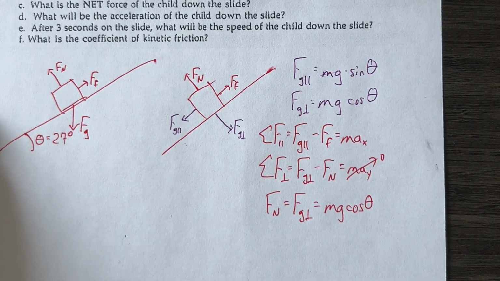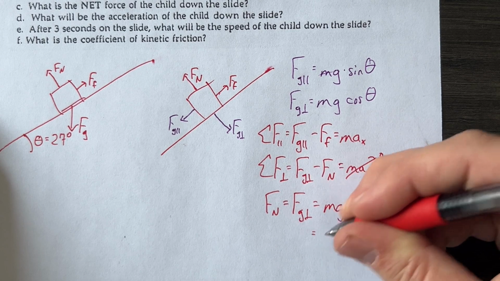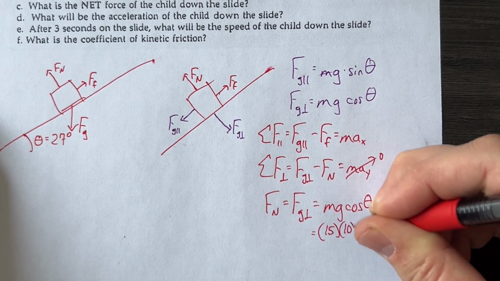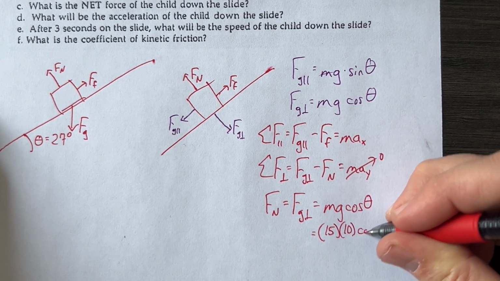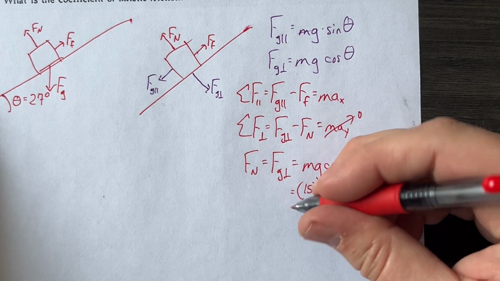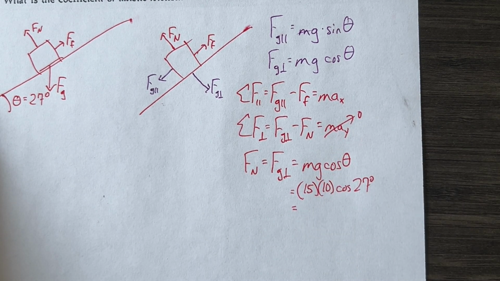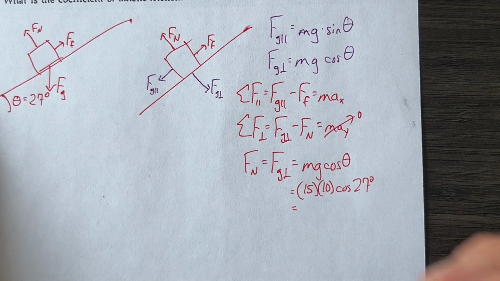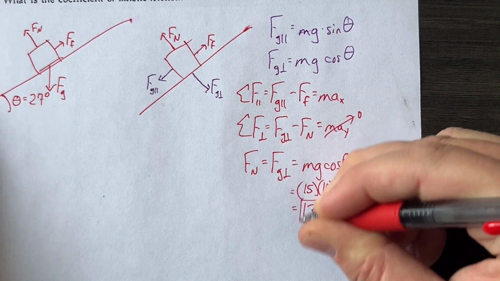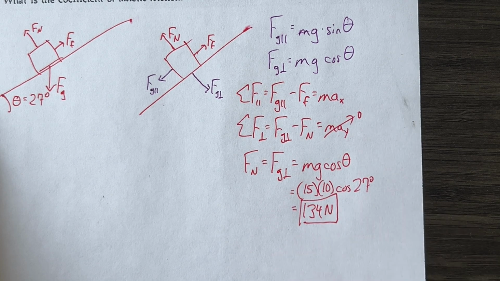Well, we have a formula for that, where normal force is going to be our 15 times about 10, or 150, times cosine of 27 degrees. So normal force on this child is going to come out to be pretty much 134 newtons, 134 newtons out of the ramp.